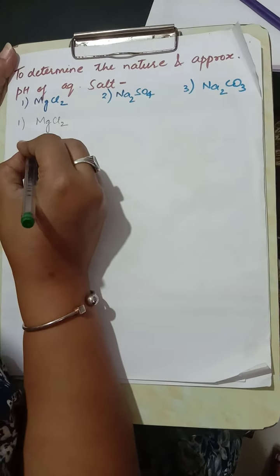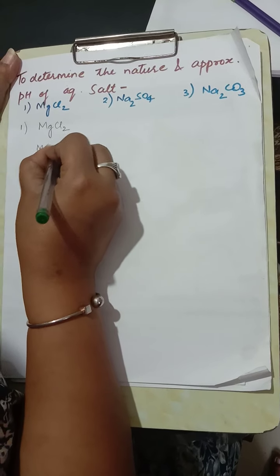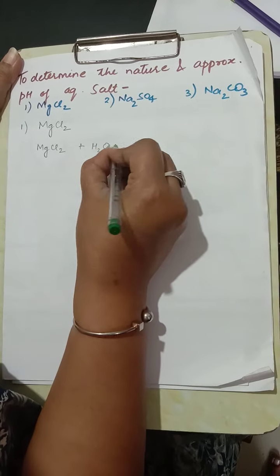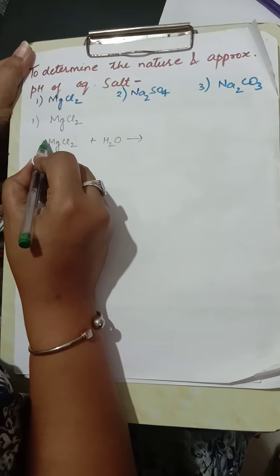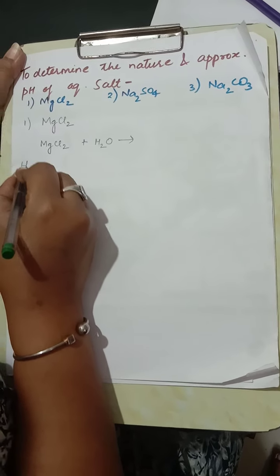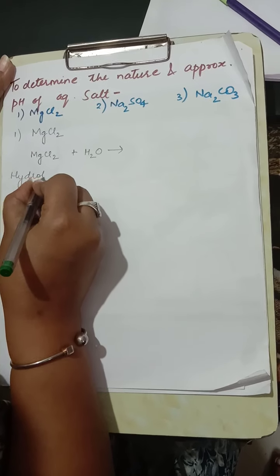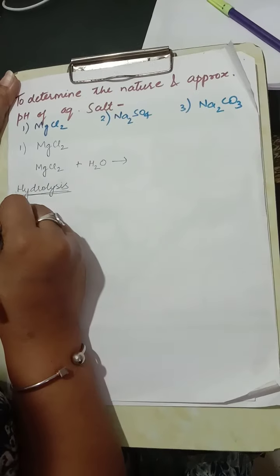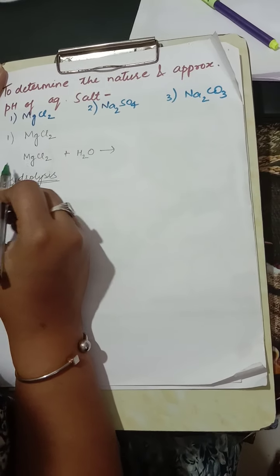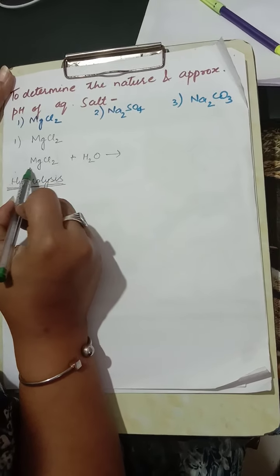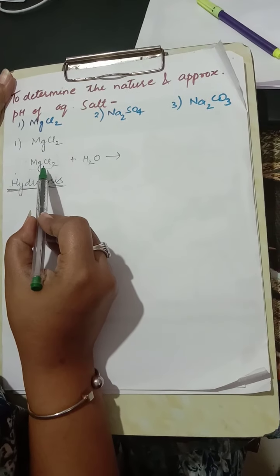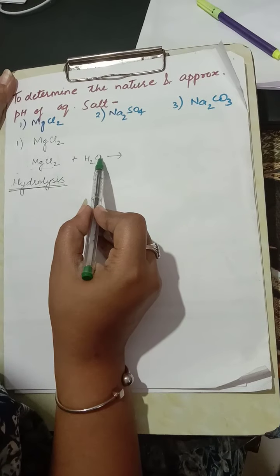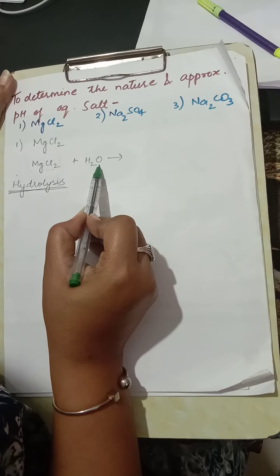First step is we will take MgCl2 and its reaction will be shown with water. Such kind of reactions are known as hydrolysis reactions. With the help of hydrolysis reaction, we determine the nature of the given salt. Hydrolysis means we are taking salt and we are reacting this salt with water.